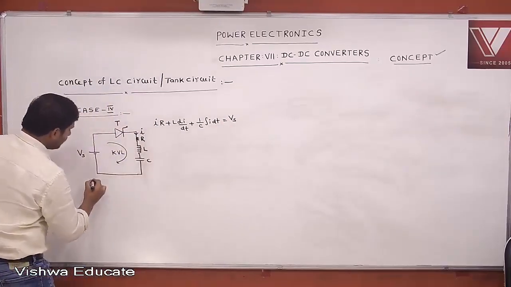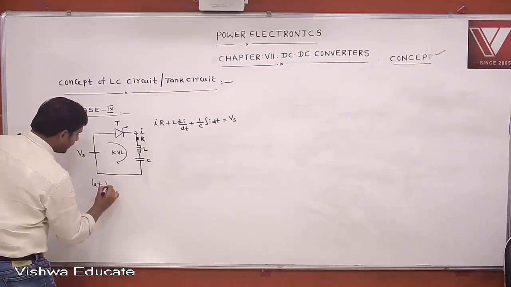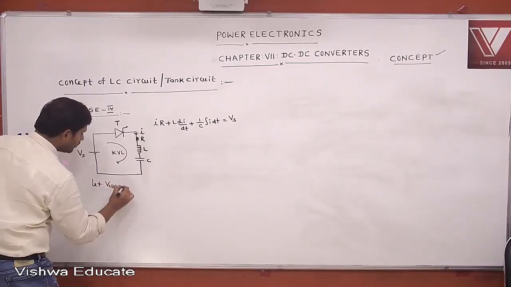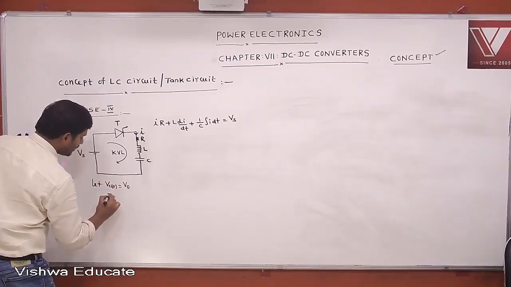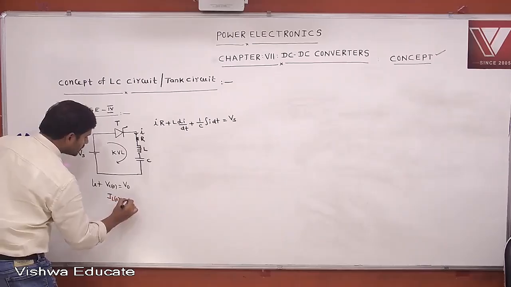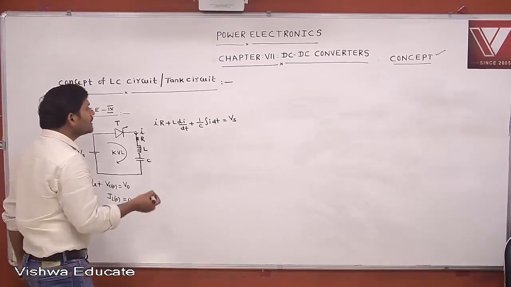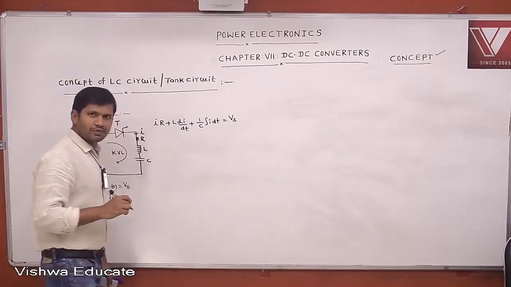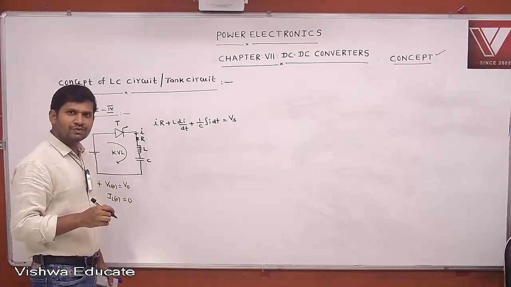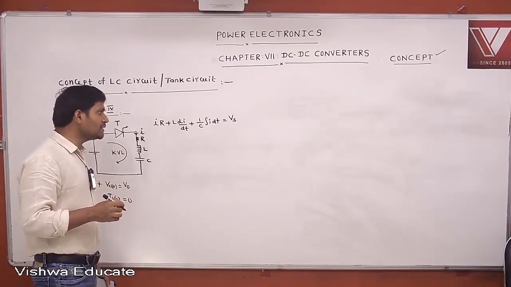Then with the assumption of Vc of 0 equal to V0 and IL of 0 equal to 0, I am explaining this. Apply the Laplace transform and the inverse Laplace transform. Consider the initial conditions and simplify.